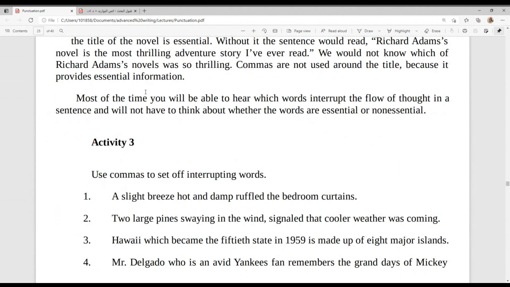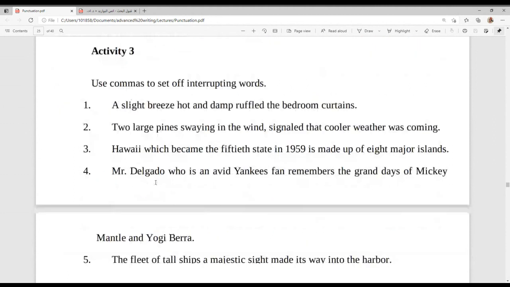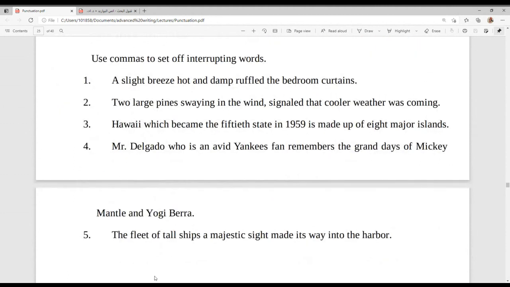Now, most of the time you will be able to hear which words interrupt the flow of thought in a sentence and will not have to think about whether the words are essential or non-essential. Now use commas to set off interrupting words here. Look at this exercise.